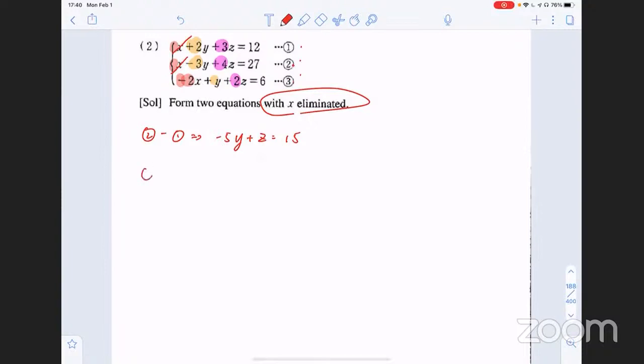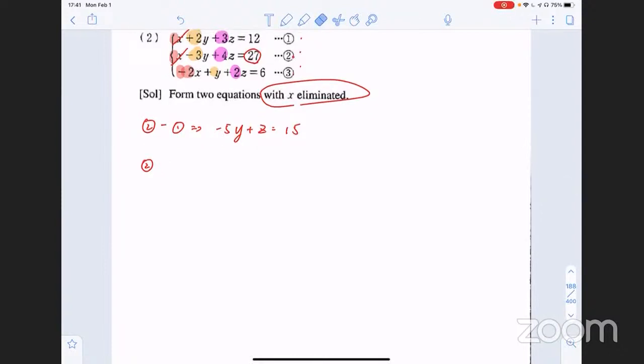By mentioning larger number, because I see this is a larger number here, I want to use that, but I could use the 12. I can use 27. Doesn't matter. So equation number 2, I will use equation number 2 to multiply by 2, and then I basically add equation number 3. That's all I need to do here.